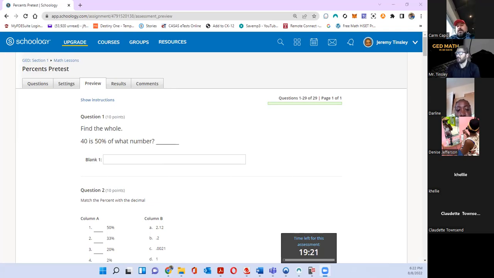Now you should be able to finish this problem in about a minute. If you're taking more than a minute, that means percents may be a problem you may want to go over.